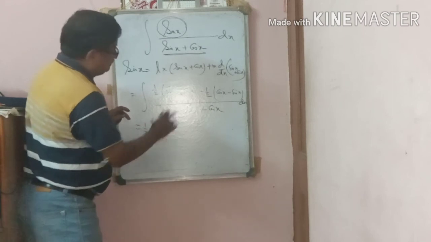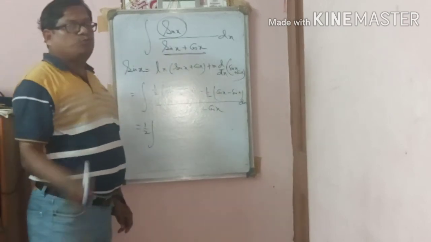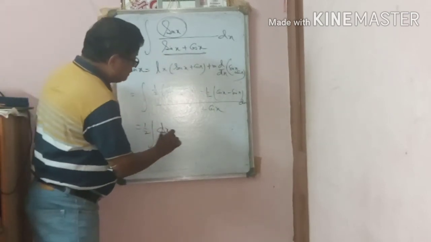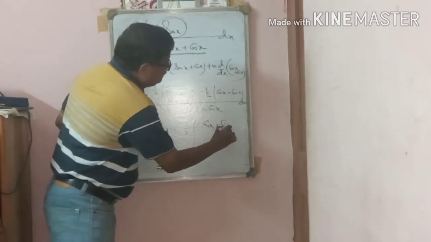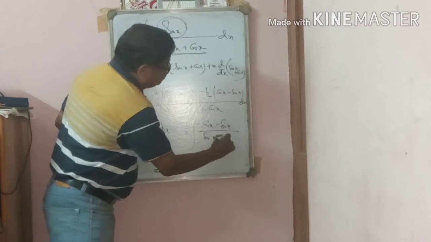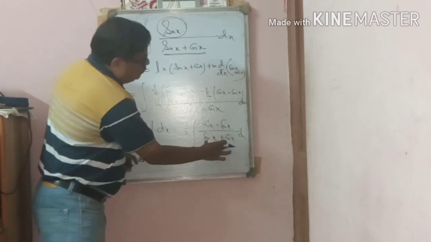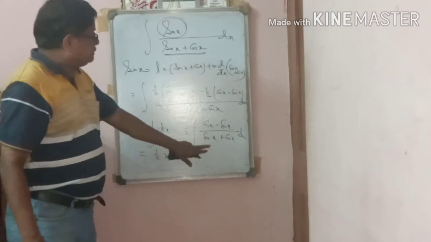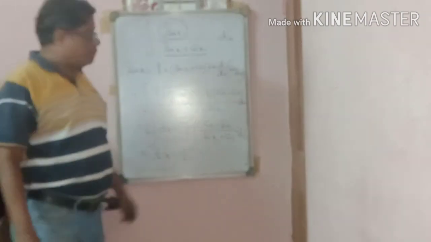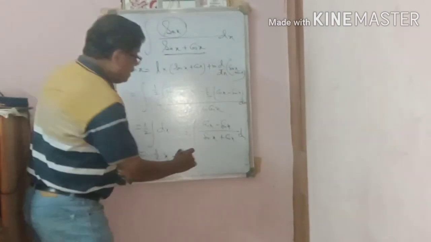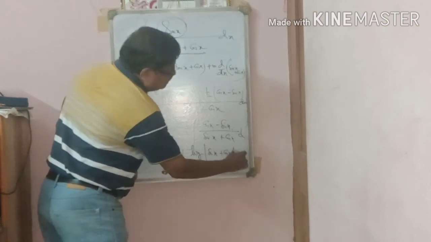The derivative of sin x plus cos x is cos x minus sin x. So half integration of sin x plus cos x by sin x plus cos x is 1, so integral of dx, minus half integration of cos x minus sin x by sin x plus cos x dx. Put sin x plus cos x equal to z, so dz equals cos x minus sin x dx, giving dz by z, log z. So the answer is half x minus half log of mod sin x plus cos x, plus c.